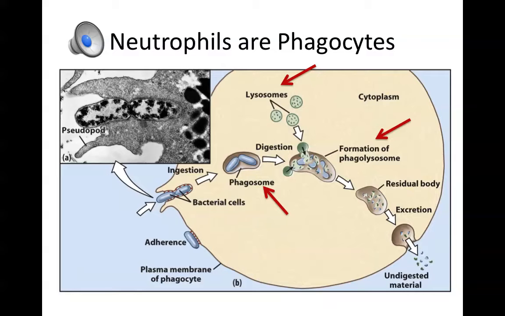Eventually, depending upon how many bacterial cells are ingested and broken down, the neutrophil essentially is completely exhausted. It has no further granule contents to provide any defense, and the neutrophil itself dies after it's gone through a series of battles, if you will, or ingestions of various bacterial cells.